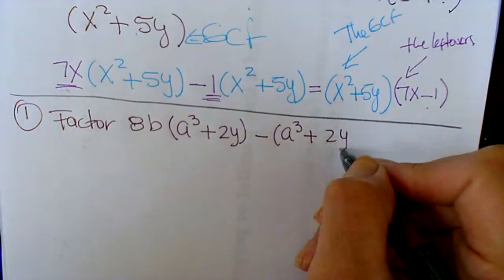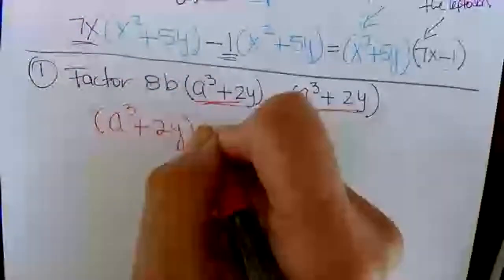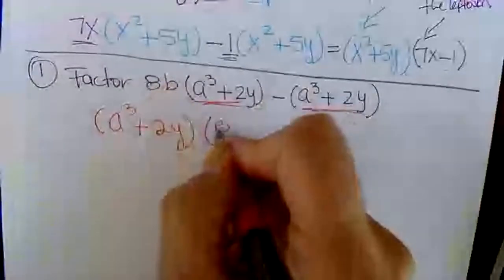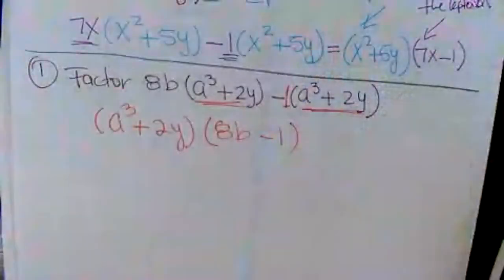So again, this factor, right? So it's a to the third power plus 2y. That's my greatest common factor. What is left over from that term? AB and a 1 from this one. Okay?